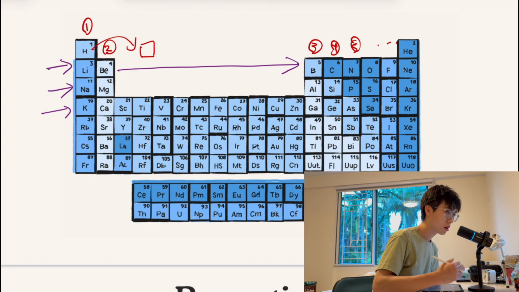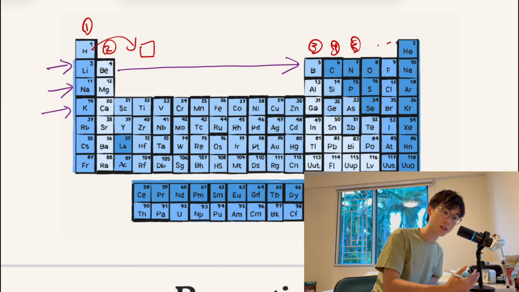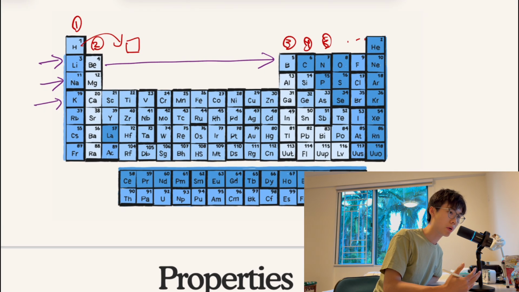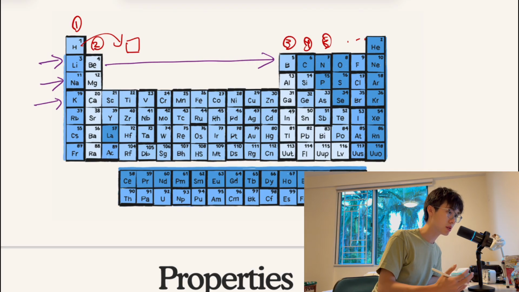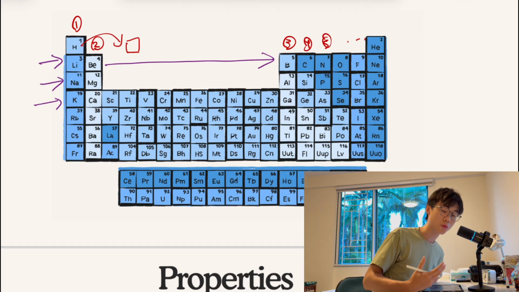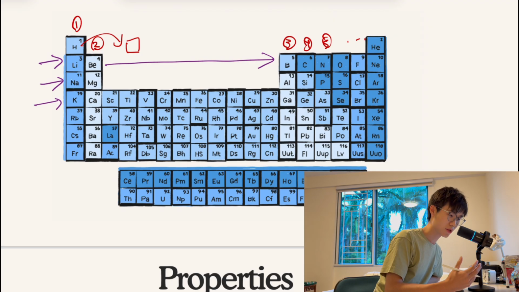And so, by knowing this, Mendeleev was able to predict elements that hadn't been discovered yet at the time. By knowing these patterns and knowing how different properties change and how much they change, he was able to leave gaps within the periodic table. And then later, when those elements were discovered, they fit perfectly into the periodic table.